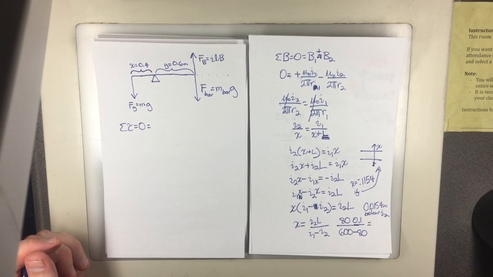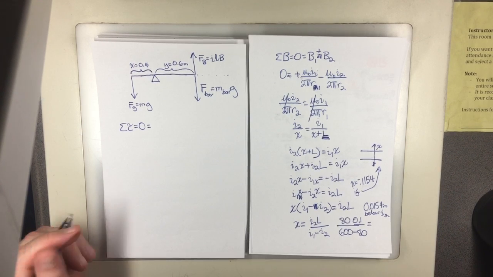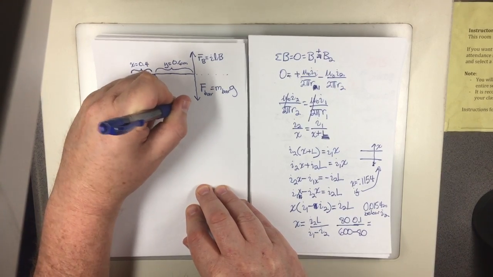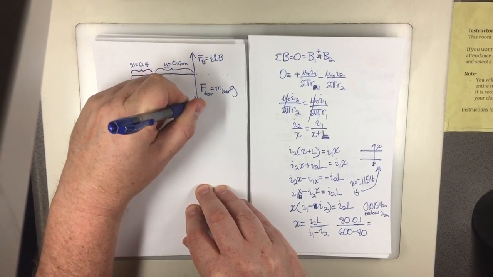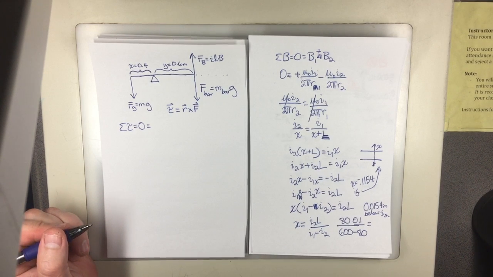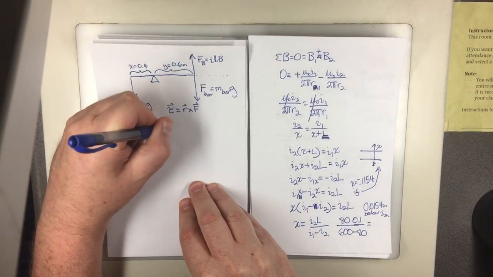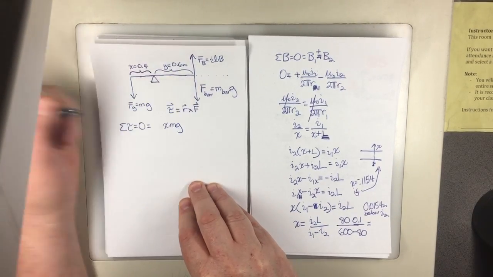Torque is lever arm vector crossed with force vector. Not force cross F. We have distance X times its force mg.